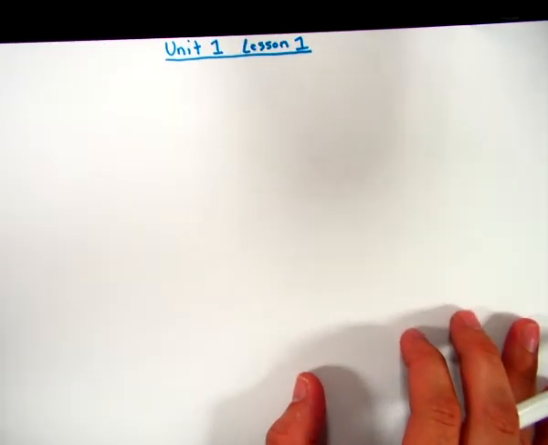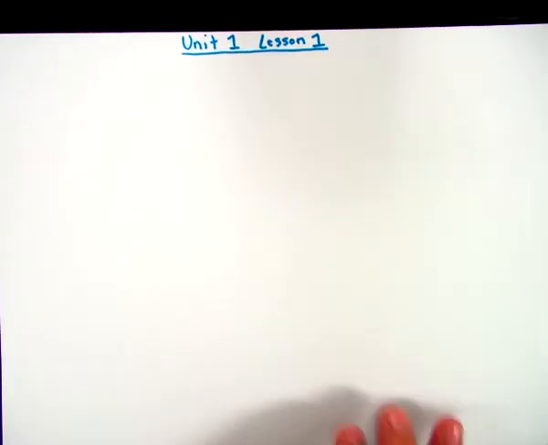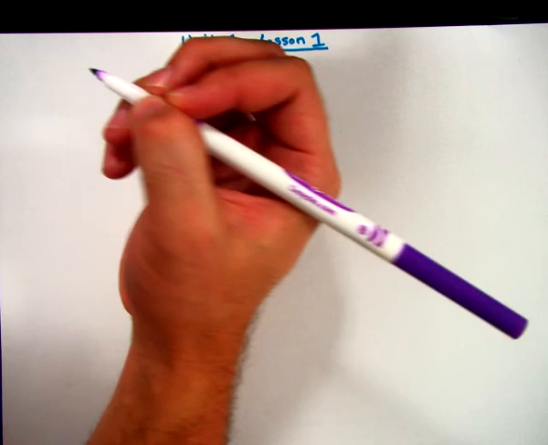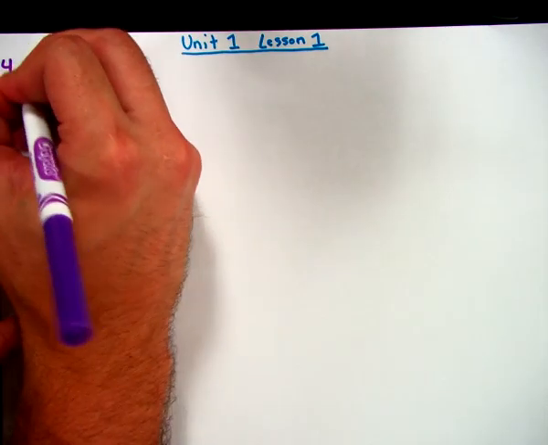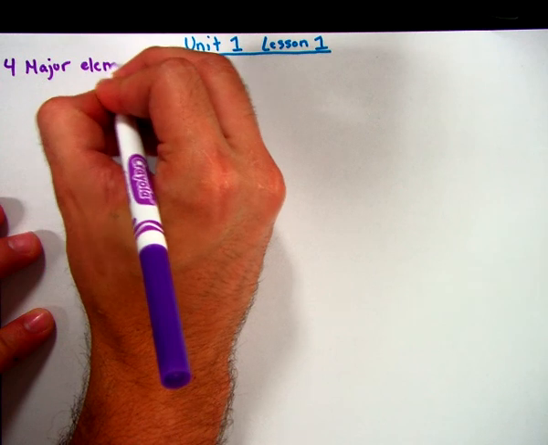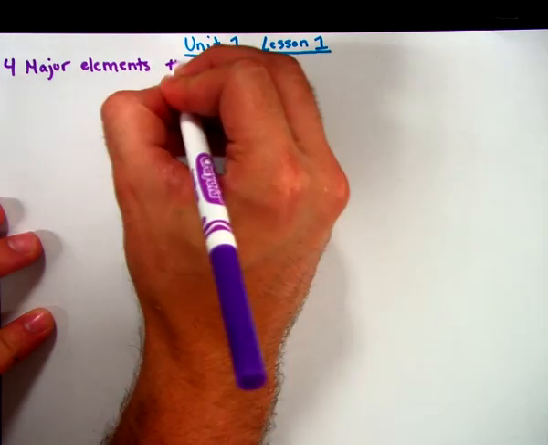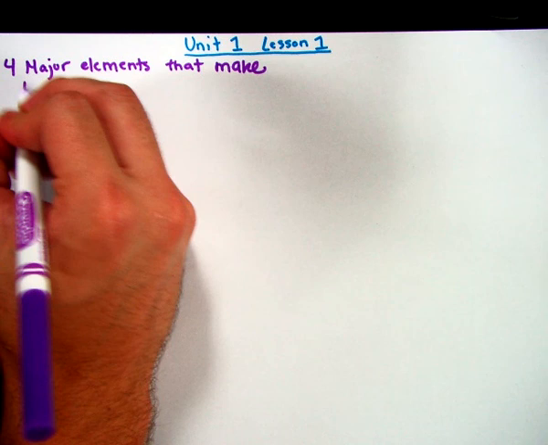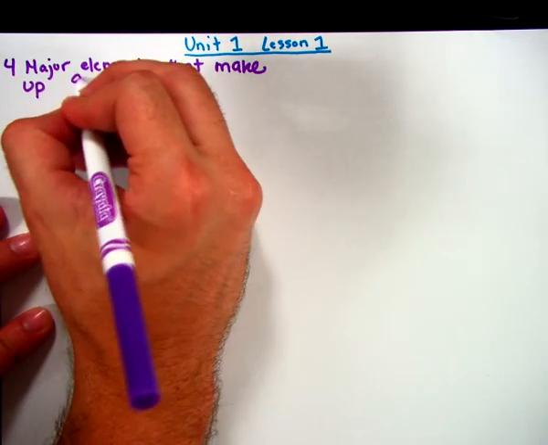Over the weekends, you read about atoms, elements, bonds, and so I want to tie that in with water. So at the top here, you read that there are four major elements that make up 96% of living matter.